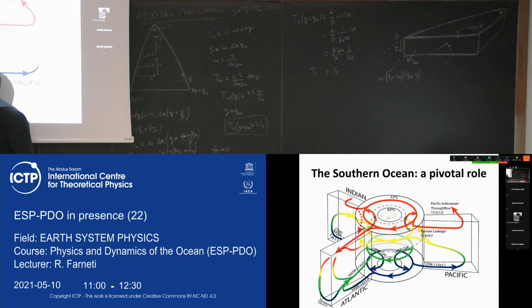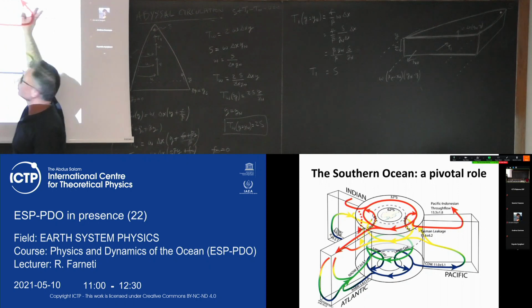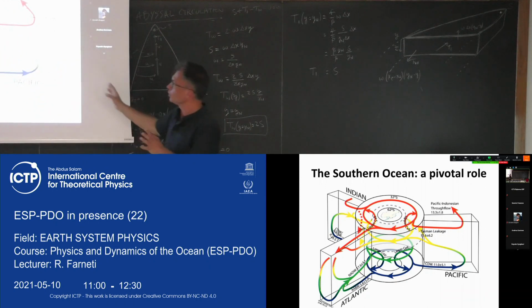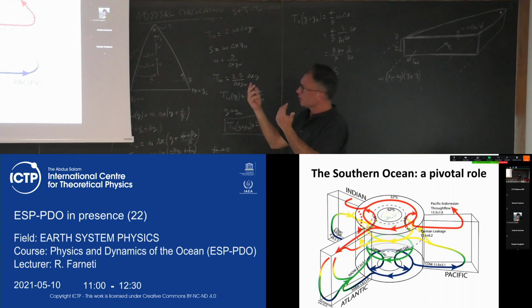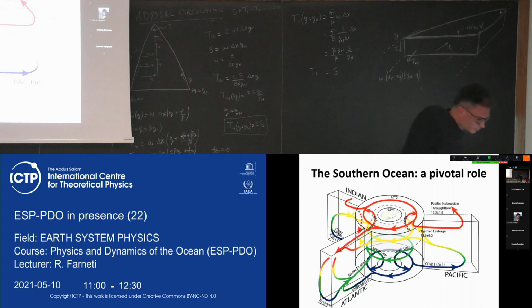It can upwell and close the cell within the Atlantic Ocean, or it can circulate and go into the Atlantic Ocean or into the Pacific Ocean. Okay? So the Southern Ocean is very important for this because it's redistributing all of these water masses. Some of these water masses are upwelling along Antarctica, and some are just going into the different ocean basins.